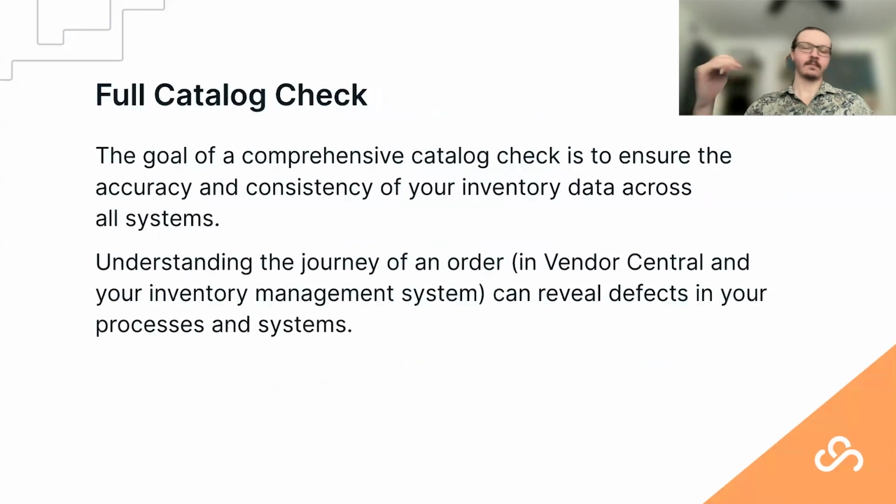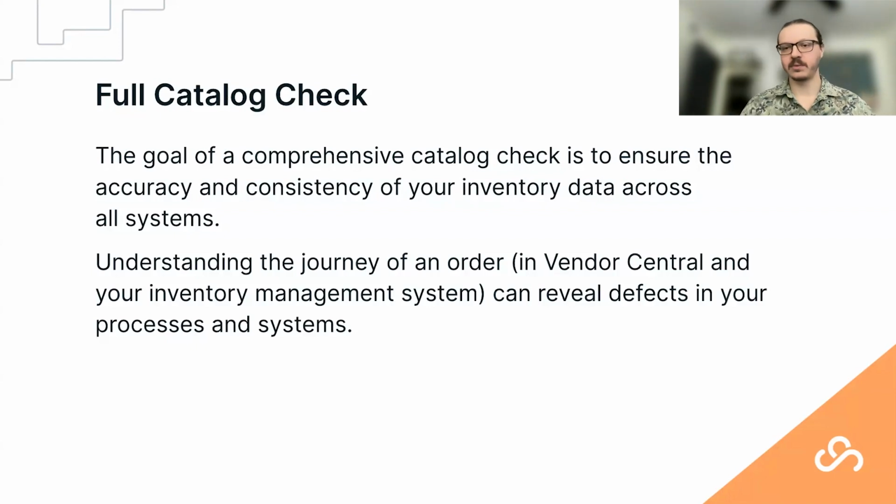So again, we're just doubling down on it here, but the goal really of a catalog check is to ensure that there's accuracy and consistency in your inventory and data management across all systems and how you communicate. And that is both back and forth in certain steps, but as well as end to end.